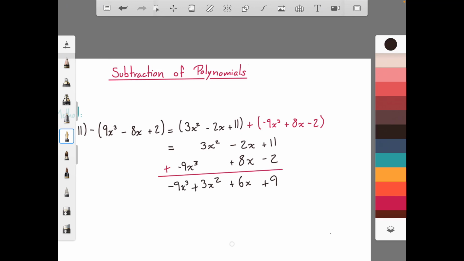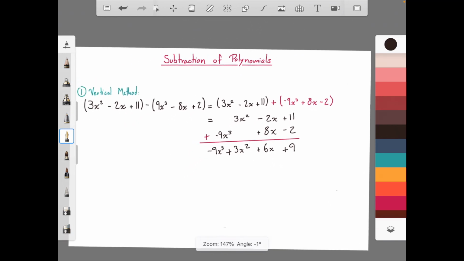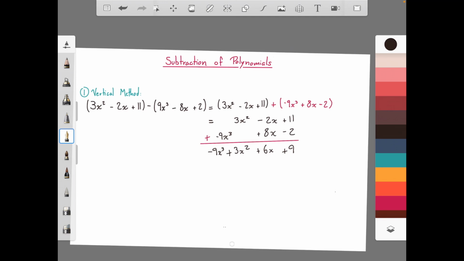And that would be our final answer for this exercise. So 3x to the second power minus 2x plus 11 being subtracted to 9x to the third power minus 8x plus 2 is equal to negative 9x to the third power plus 3x squared plus 6x plus 9.